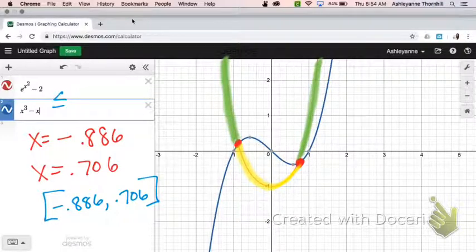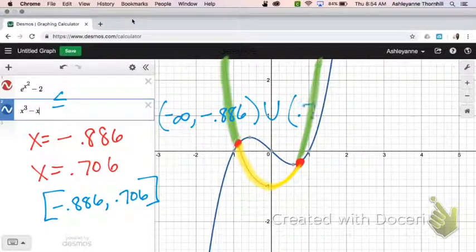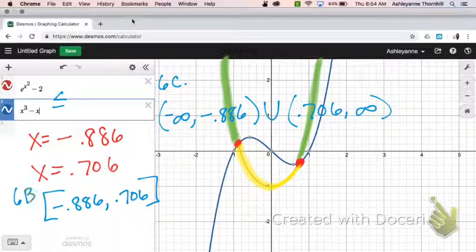Then it's going to have two intervals that look like negative infinity to negative 0.886. And would it have parentheses or brackets? Parentheses, and then union 0.706 to infinity. This is 6c. This is 6b.